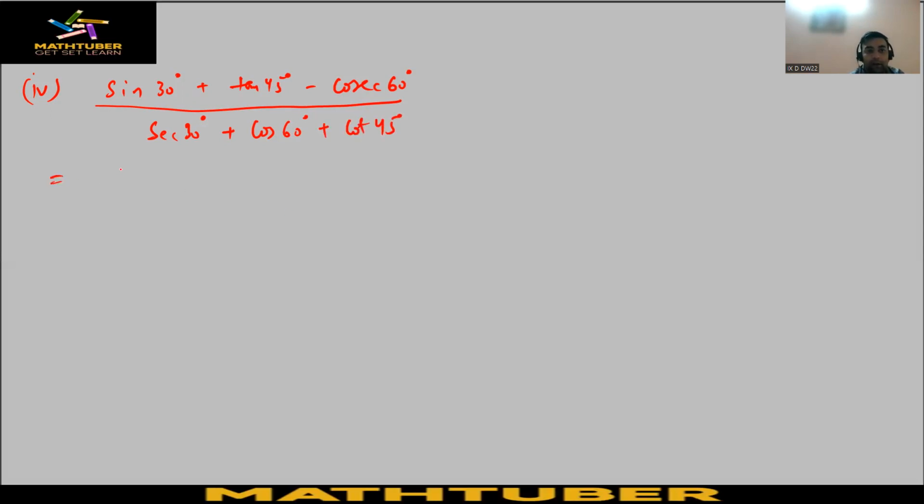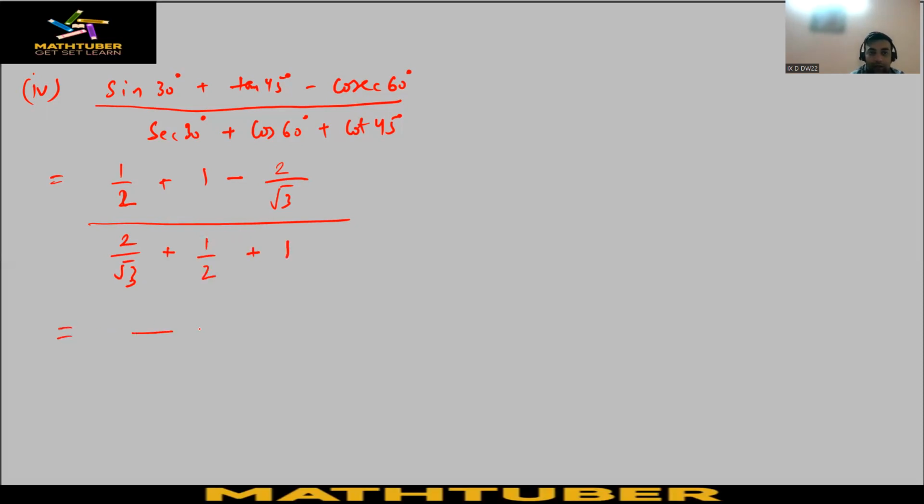So now put all the values here. This is 1 by 2 for sine 30 degree, plus 1, and this will be 2 by root 3, divided by, this is 2 by root 3 plus 1 by 2 and plus 1.